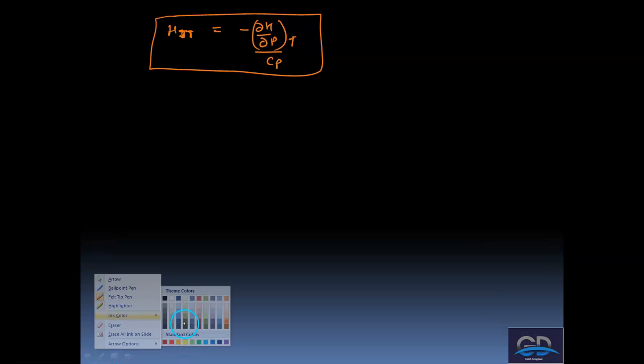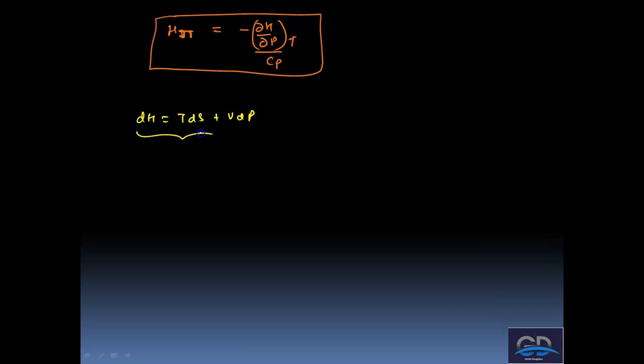So that is equal to minus del H by del P at constant T upon Cp. So we have to find an expression for del H by del P at constant T. Now we know from the Maxwell relation that we have derived, dH is equal to TdS plus VdP.